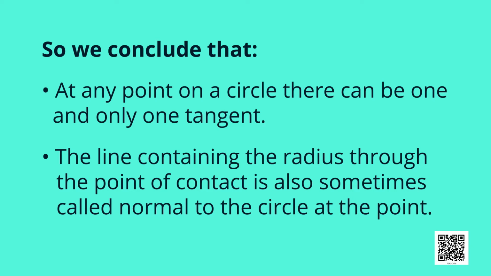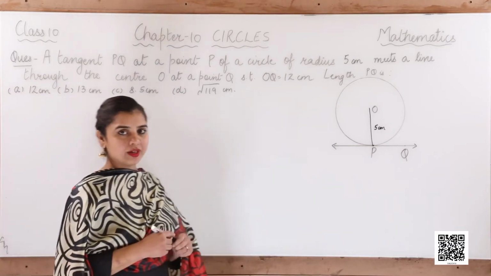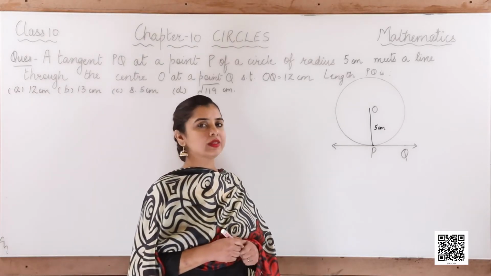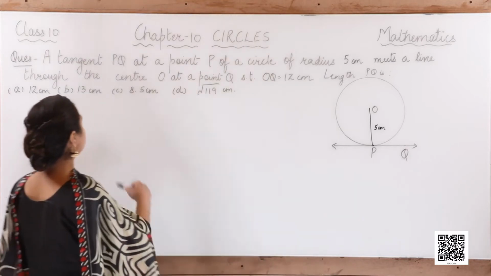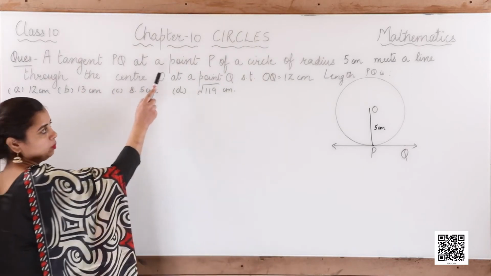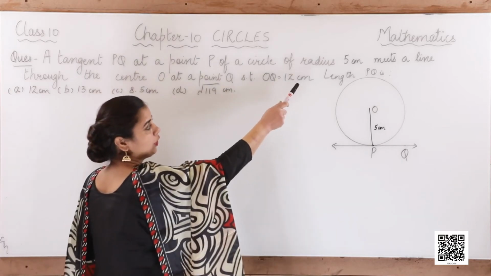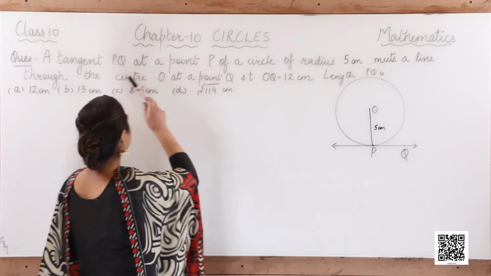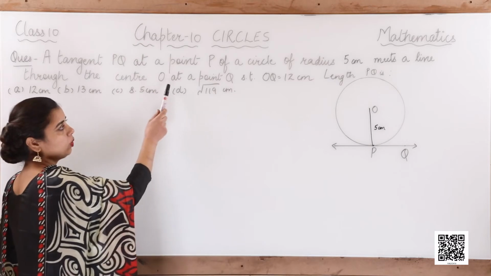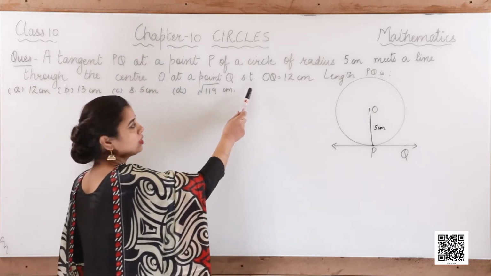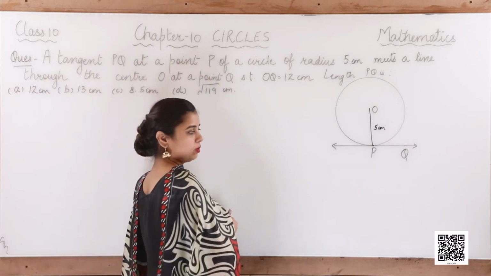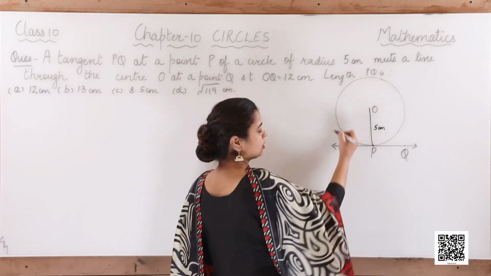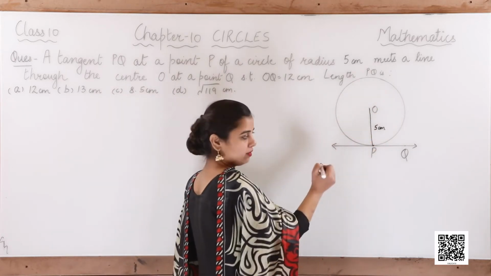So children, based on what we have studied in the theorem, let us do a very simple question. The question is, a tangent PQ at a point P of a circle of radius 5 cm meets a line through the center O at a point Q such that OQ is equal to 12 cm. So here we are given the circle with radius 5 cm.